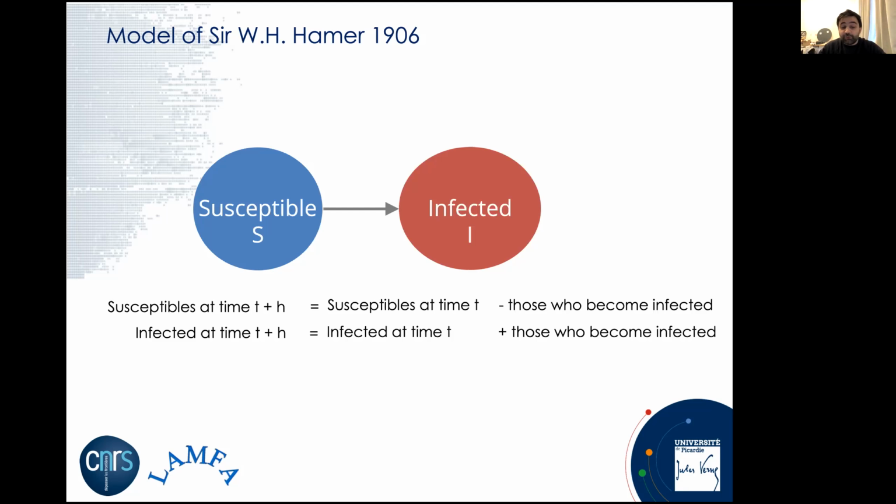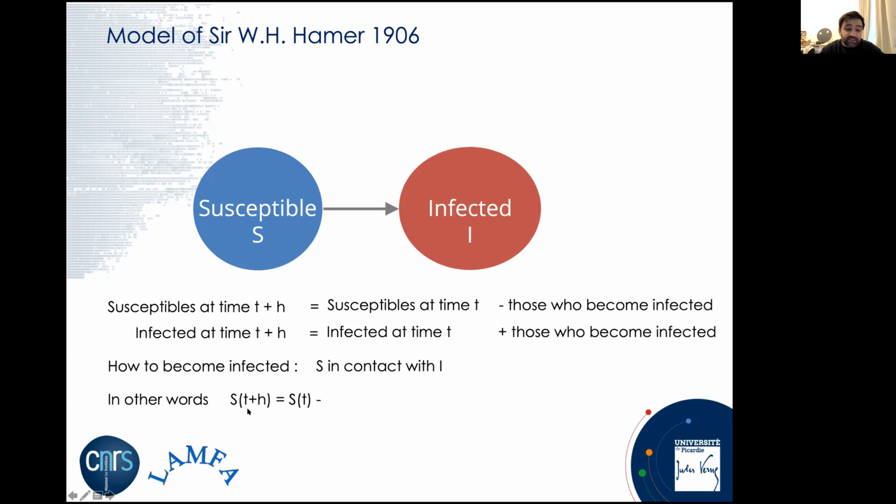The infected today are the infected from yesterday plus these new ones who become infected. And the question is how you become infected. Simply, to become infected, a susceptible individual has to be in contact with an infected individual. So if I translate into mathematics, what does it mean?